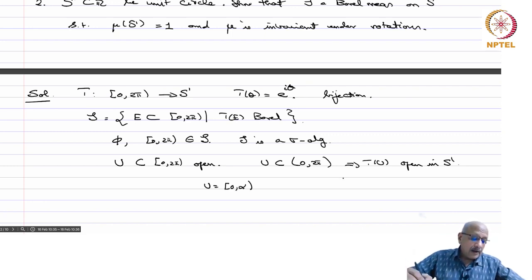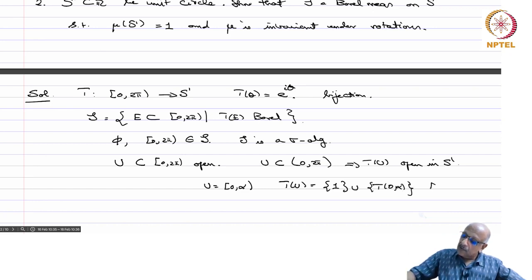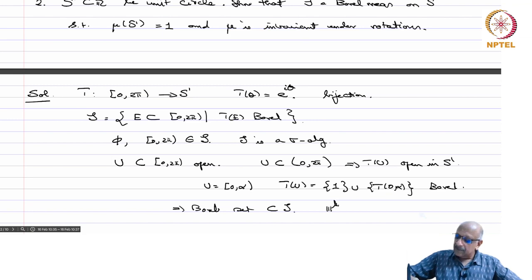Then T of U is nothing but the point 1 union T of (0, alpha), and this is Borel again, and therefore all open sets, so all Borel sets, are contained in S. Similarly for T inverse.